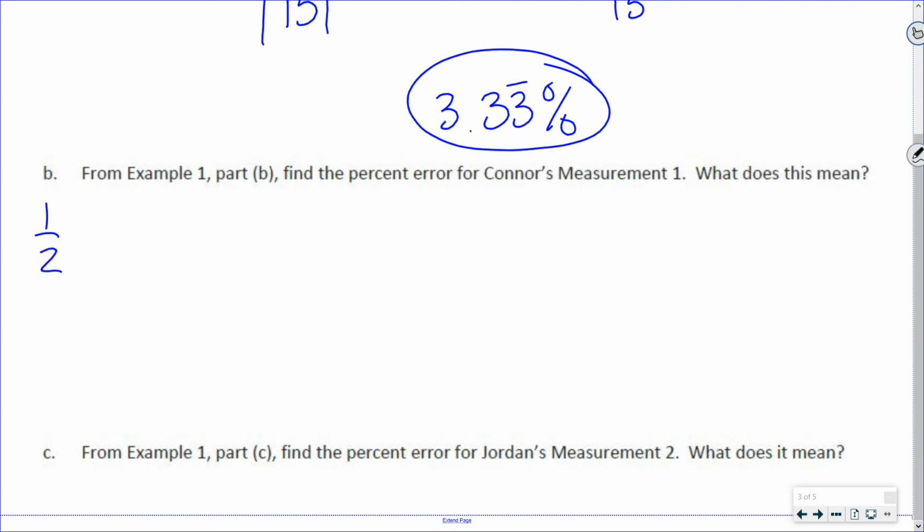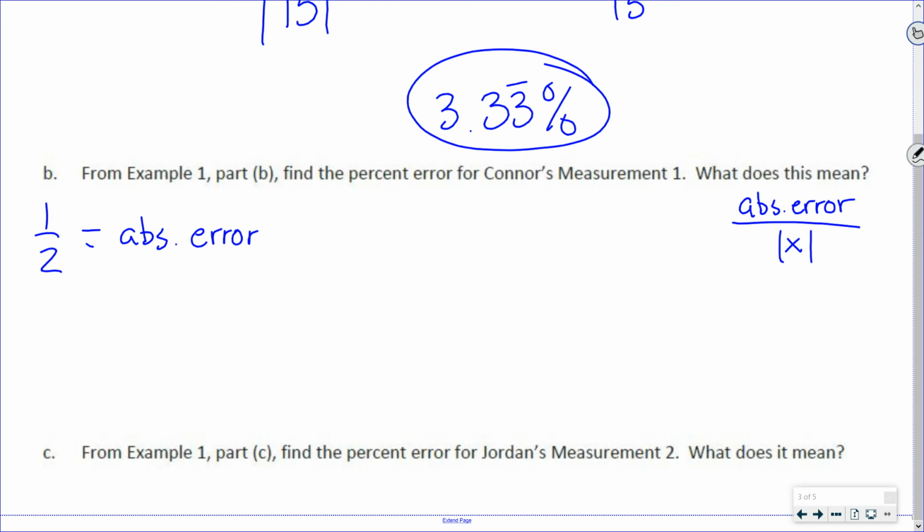If you go back to part B in example 1, Connor was off a 1/2 inch. Well, we already know since this 1/2 inch represented the absolute error, you can say that the formula that we've been using was the absolute error divided by the absolute value of x, or the exact value.